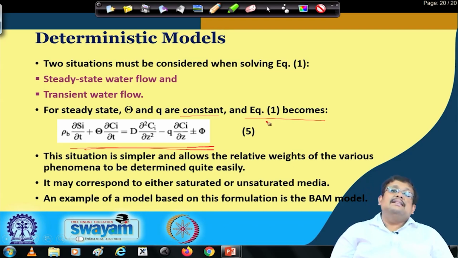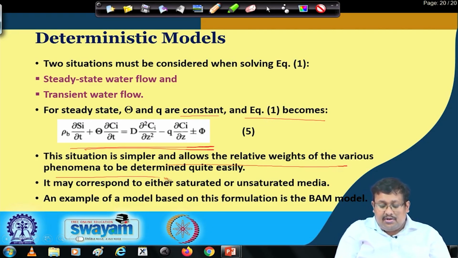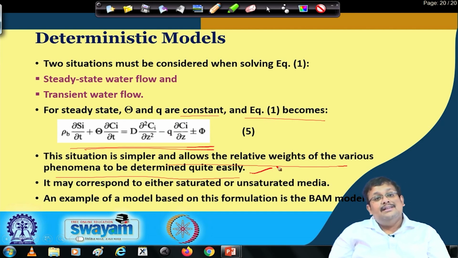So, remember that when we are considering a steady state, this situation is simpler and allows the relative weights of the various phenomena to be determined quite easily. Obviously, here we are considering the steady state condition.